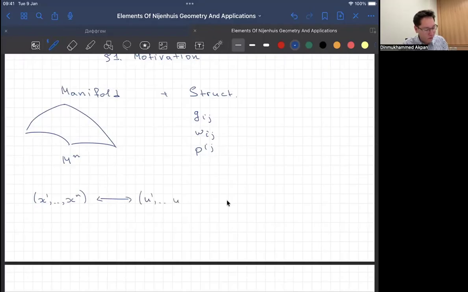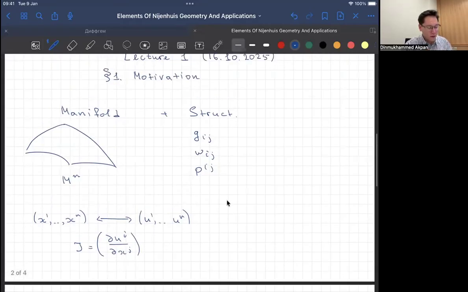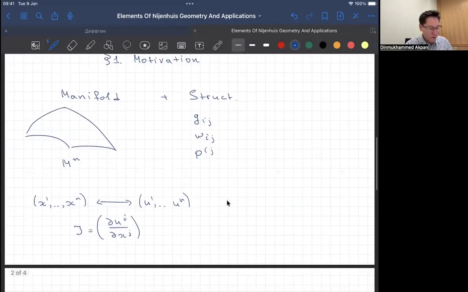We change the coordinates, and we have the Jacobian matrix of this coordinate transformation. We study everything up to this. So let me give you some examples.